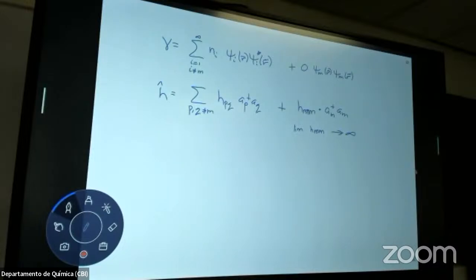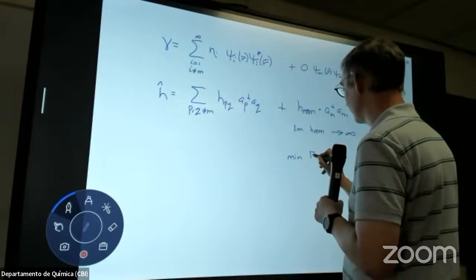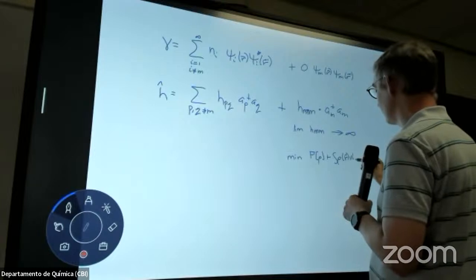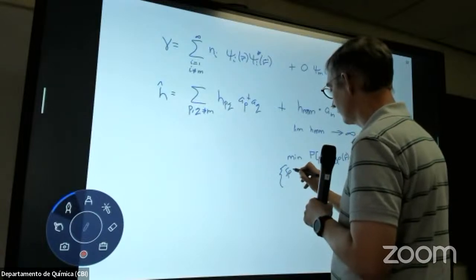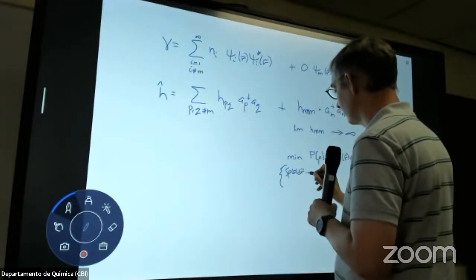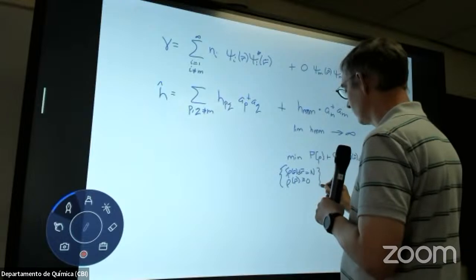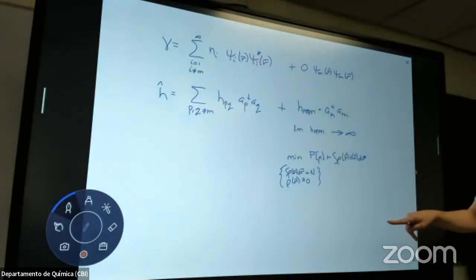So if you did root strength DFT and you just said, I'm going to just minimize just that, this would be terrible, right? Because your density would just be constantly bumping into the boundary where there's no derivative, right?